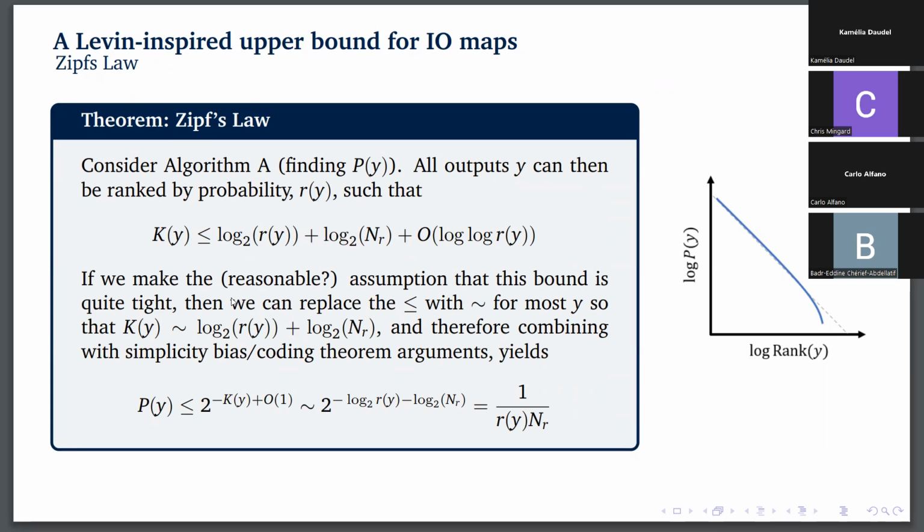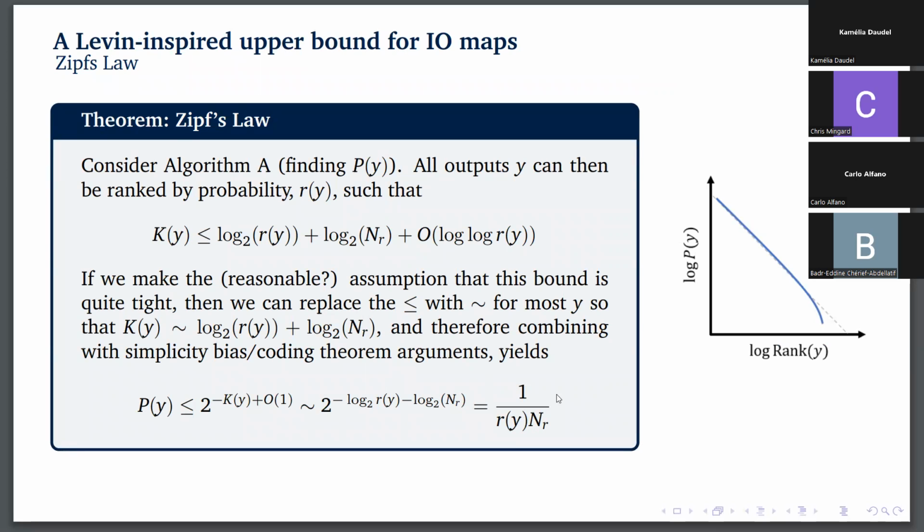And then if we make the potentially reasonable assumption that this bound is quite tight, we'll replace the less than or equal to sign with a 'scales as' for most y, so we end up with this. And again, we can just plug this into the bound 2 to the minus K(y) on the previous slide to get this, which when we simplify, we end up with the probability of y should scale roughly as 1, or a constant, divided by its rank times the number of functions with the same rank.